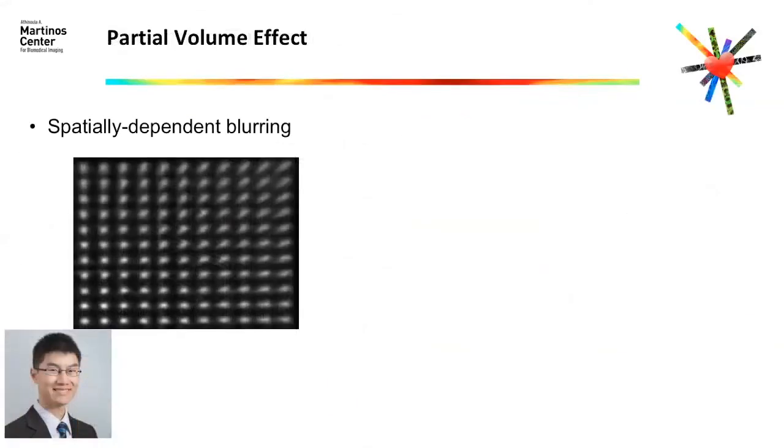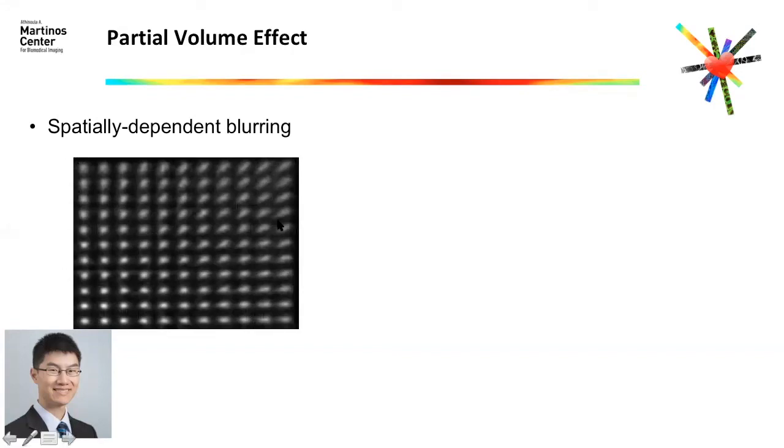And finally, the last slide on corrections is partial volume effects. That's Kevin Chen, who was another former PhD student in the lab. He was working on reconstructing the PET images with less blurring effect. And that blurring effect is spatially variant. If this is the center of the scanner, there is a circle, and I'm dividing that circle into quadrants.